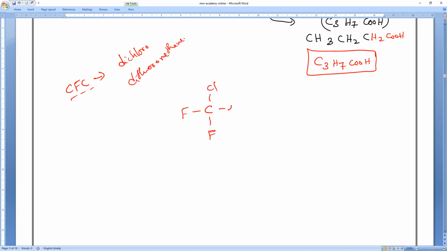All 4 hydrogens are removed, and 2 bonds of carbon go to fluorine and 2 bonds of carbon go to chlorine. That's why it is named difluoromethane. Do you understand, everybody? Yes, please, all of you respond. So this is all about the functional groups.